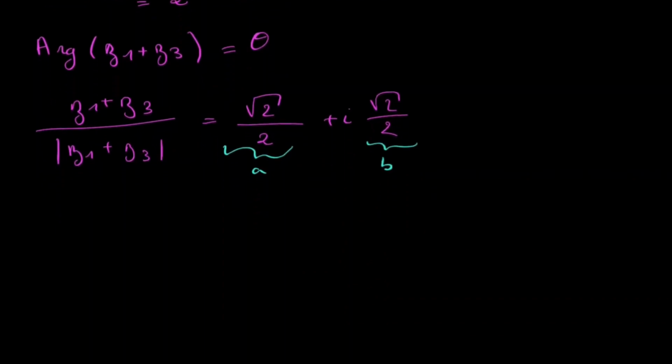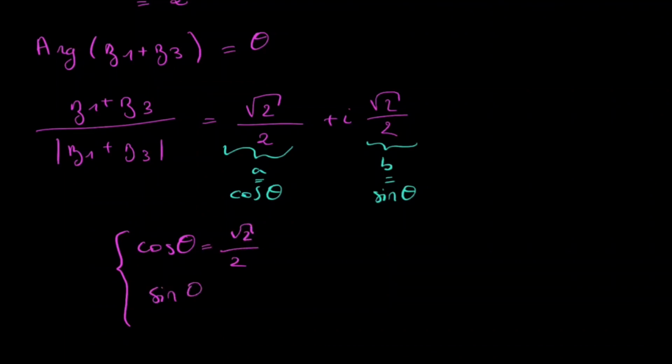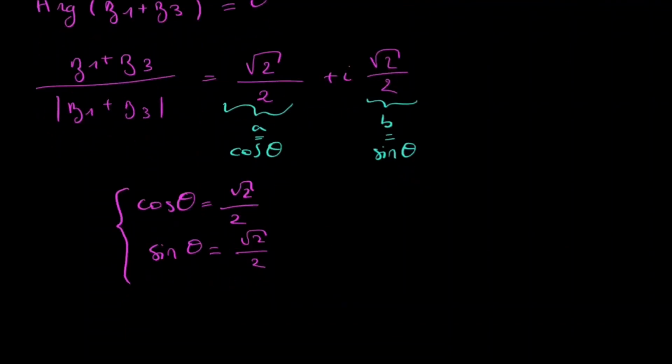We can recognize cosine theta here and sine theta. So cosine theta equal root 2 over 2 and sine theta equal root 2 over 2.